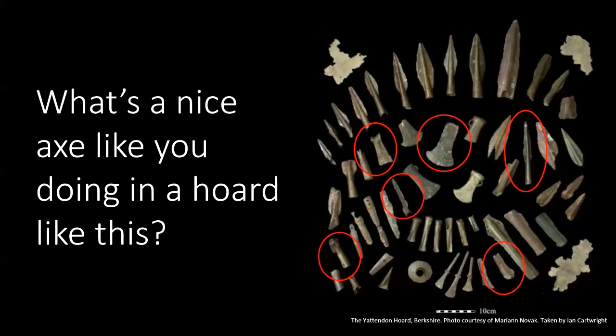And we know the rough date at which the hoard was deposited based off this proto-Sompting axe, which dates to around 800 BC. And it presents to us a huge amount of questions about how this hoard came together.